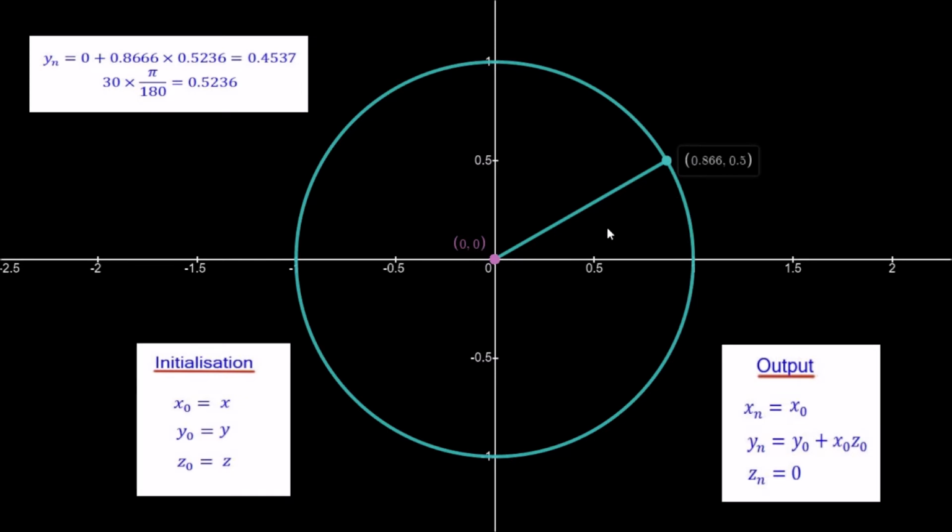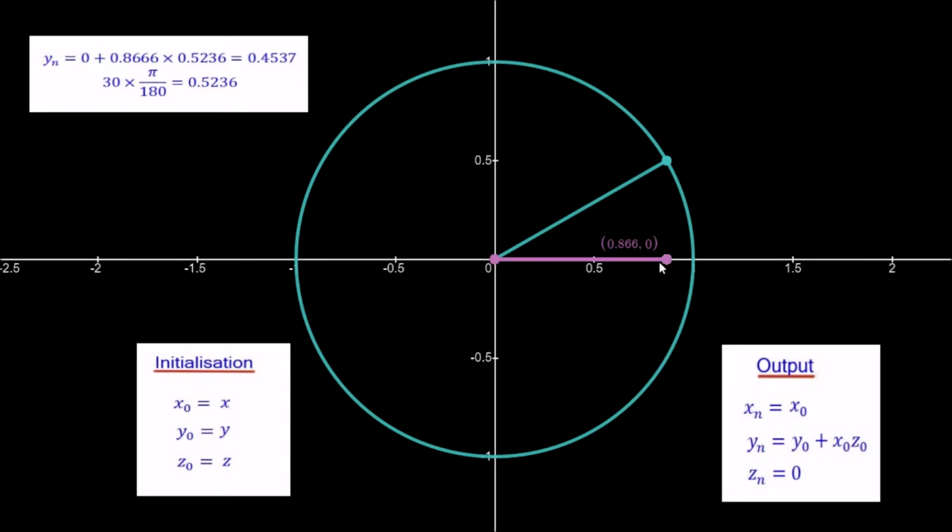So we can say that the value of our initial angle z0 is just some value z. In this instance, that value is going to be our 30 degrees. Our initial values for our x0 and y0 are these values x and y, which we'll put in just now. So the initialization value is a vector here which is in pink.